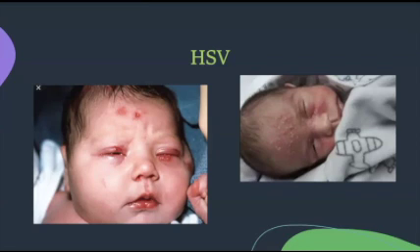Dissemination of the virus eventually allows it to reach the dorsal root ganglia, where it remains dormant for the rest of the host's life. Antiviral drugs do not affect latent herpes virus infections, and therefore infection is lifelong.